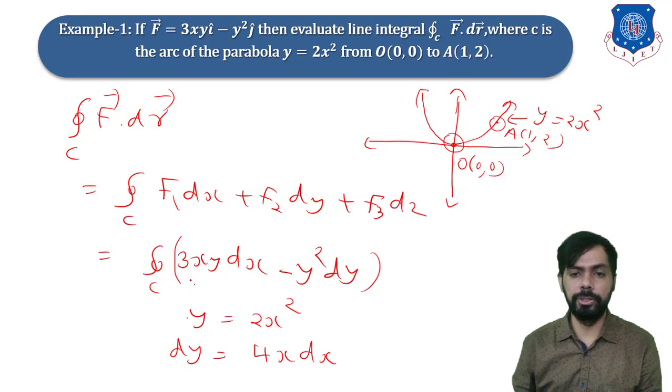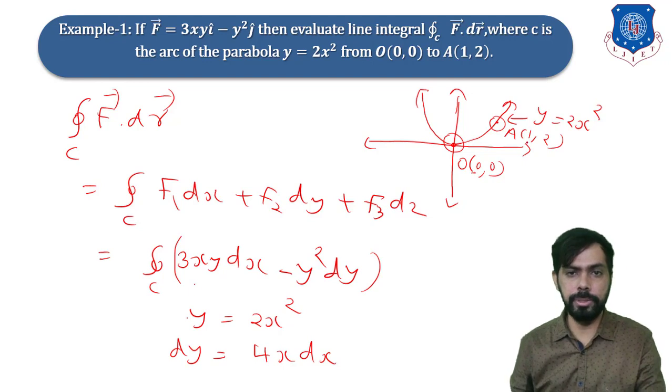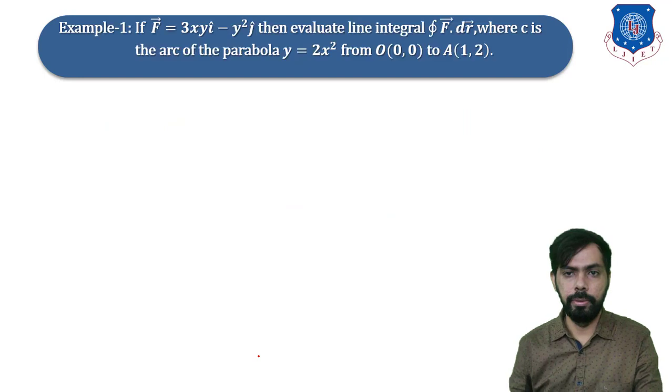Now we have to find the limit of x. Here we can see that the limit of x will be from x equal to 0 to x equal to 1. So x will vary from x equal to 0 to x equal to 1.